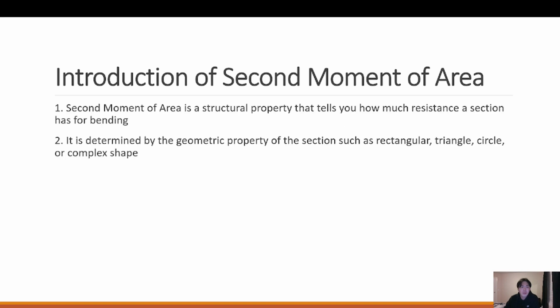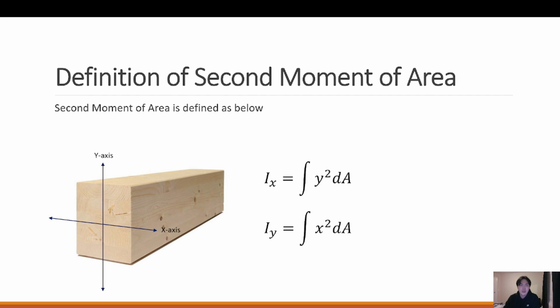So therefore, basically, the second moment of area is a structural property that tells you how much resistance a section has for bending. And it is determined by a geometric property of the section, such as rectangular, triangle, circle, or even complex shape. So this is the definition of second moment of area. Here, Ix means second moment of area about the x-axis.